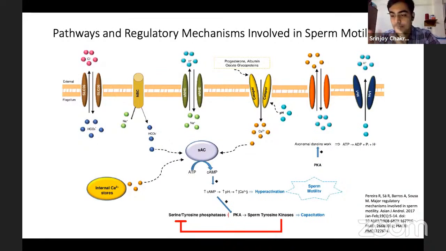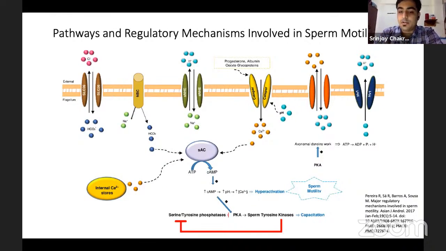It forms the basic metabolic background of how a sperm cell utilizes these ions, converts them into energy, and we see the phenotype of motility. The protein kinase A and the serine tyrosine phosphatase are also very important.